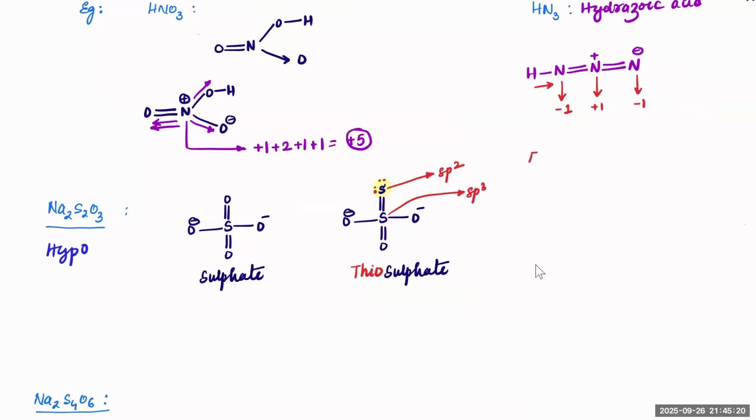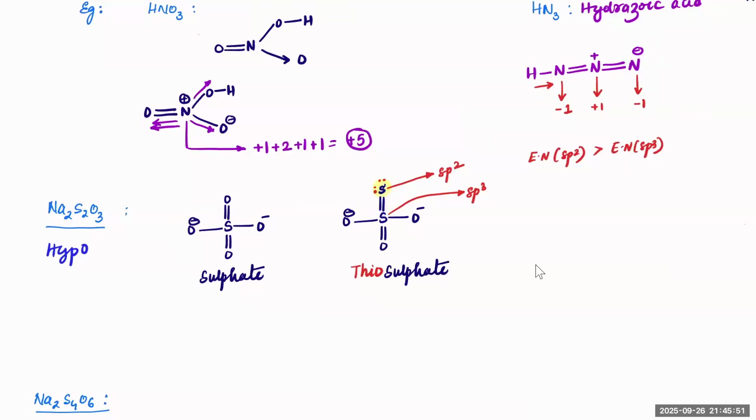And you know that electronegativity-wise, sulfur with sp2 hybridization will have more electronegativity than sulfur with sp3 hybridization. In fact, any sp2 hybridized orbital will always be more electronegative than an sp3 hybridized orbital. Therefore, between these two there is an electronegativity difference.